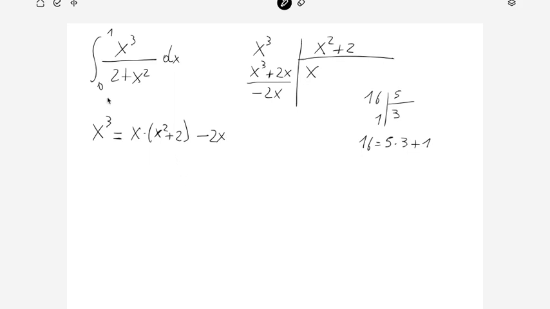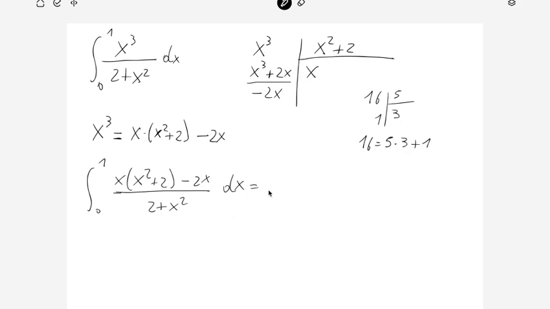Okay, and this means that the integral can be written as x times x squared plus 2, minus 2x, over 2 plus x squared dx.